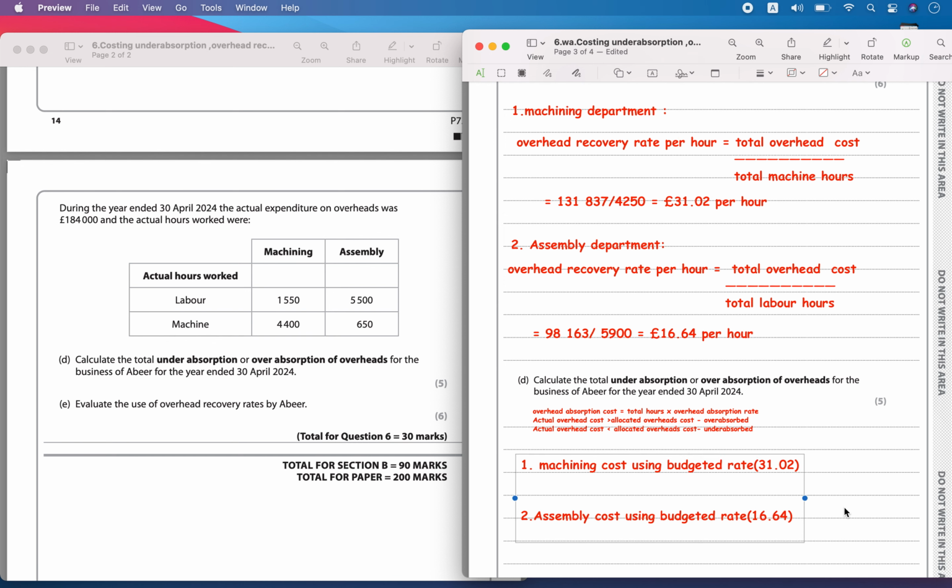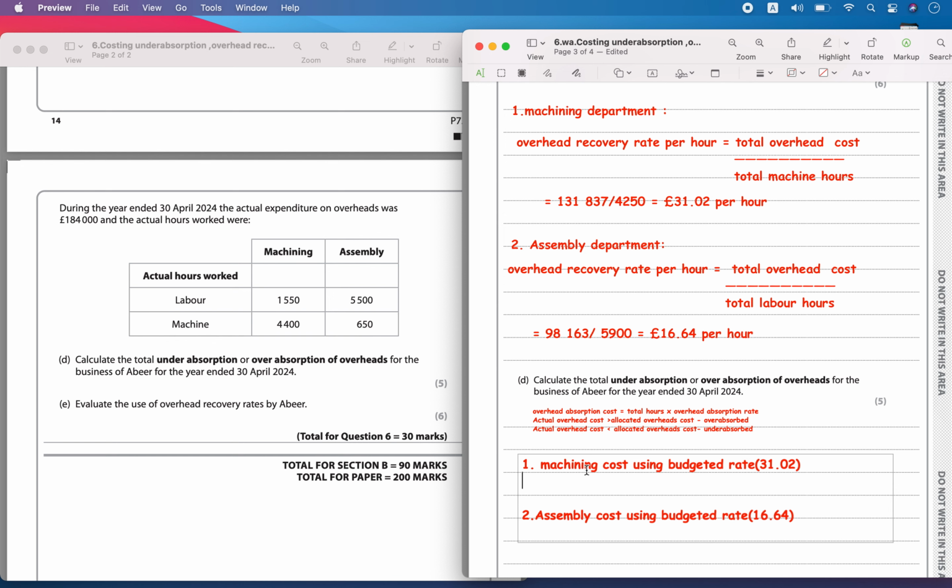Now we have the budgeted rate, which has been set by the business earlier, and the actual has to be compared with the actual performance to understand whether the cost has been over absorbed or under absorbed.